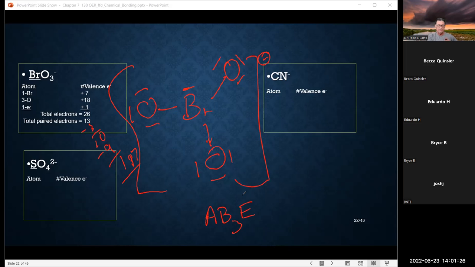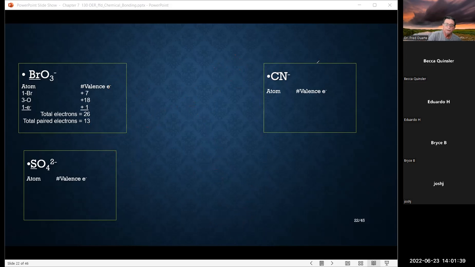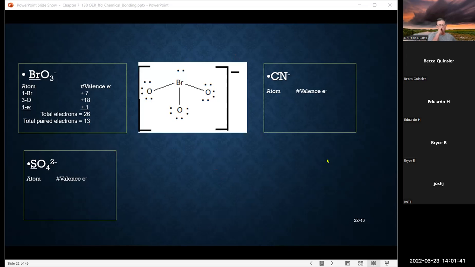Same general formula geometry as ammonia. And we end up with that, with the AB3E.